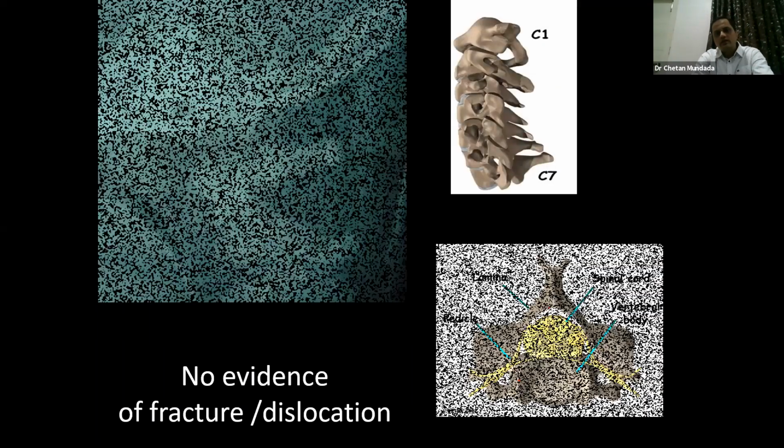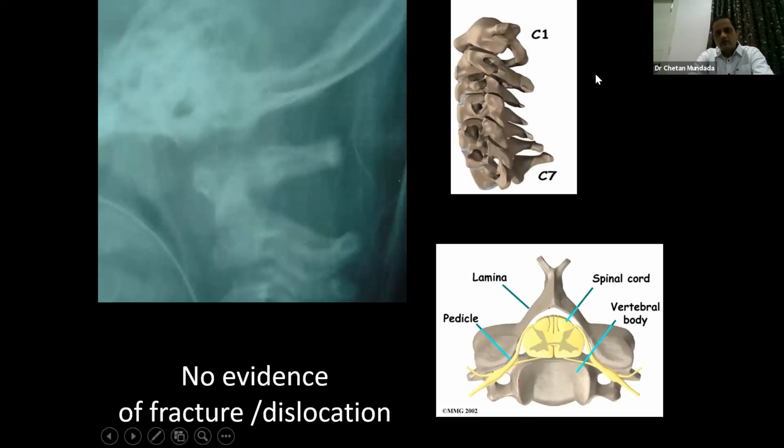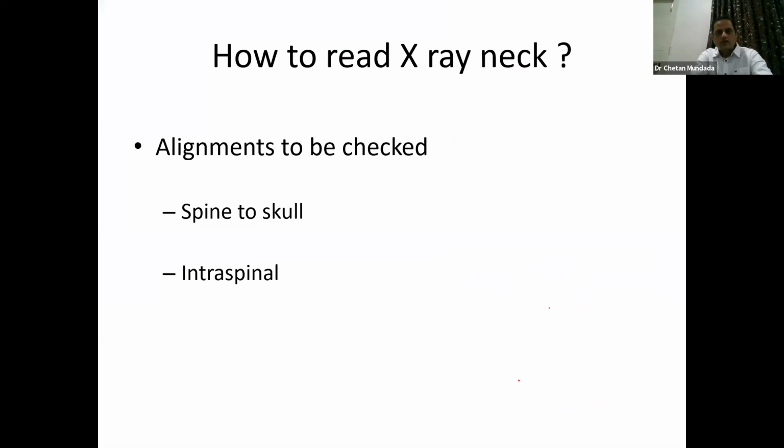So when we look at the cervical spine, we have to pay attention to certain things: the alignment of the cervical vertebrae, the intervertebral alignment, as well as the alignment of the cervical spine to the skull. And then we look at the soft tissues. So we have to check the alignment from spine to skull and the intervertebral alignment.